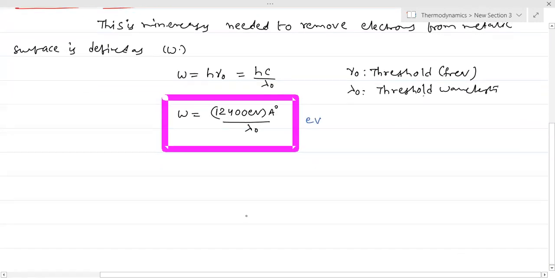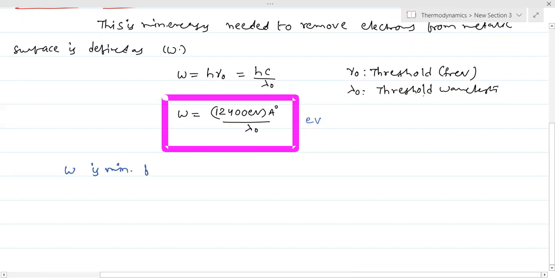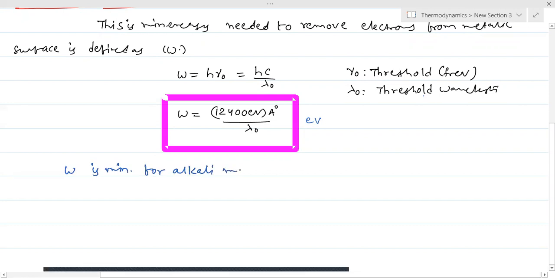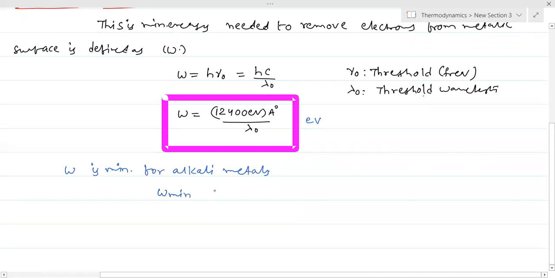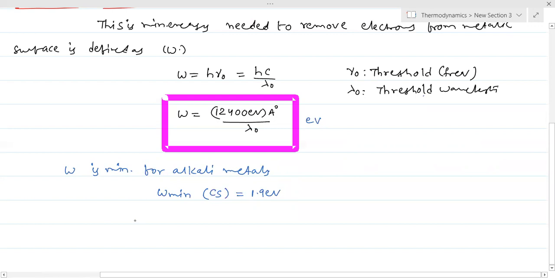Actually we are defining the metals. Out of all metals, the work function is minimum for alkali metals, and W is minimum for cesium, with a value of 1.9 electron volts.